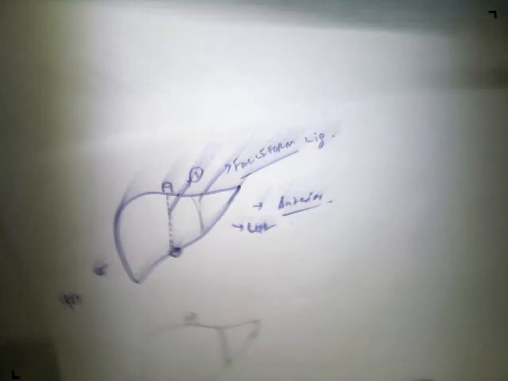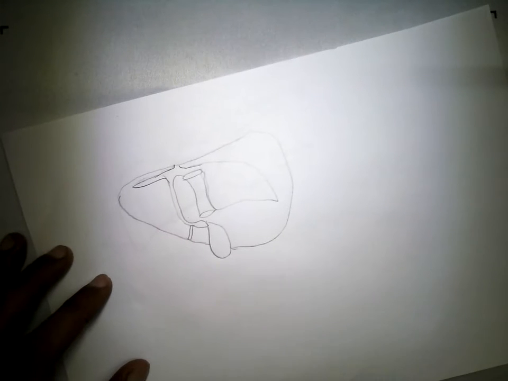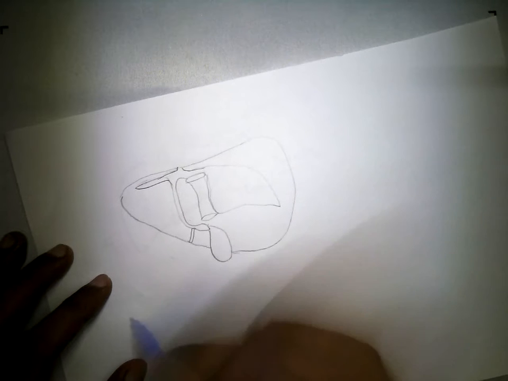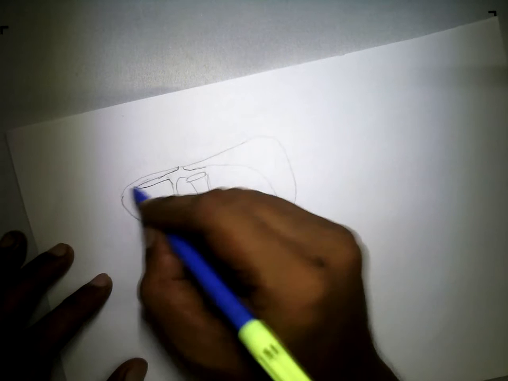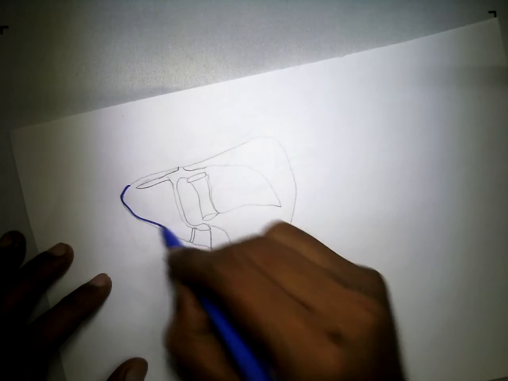The second imaginary plane is present on the posterior surface. This is the posterior view of the liver.